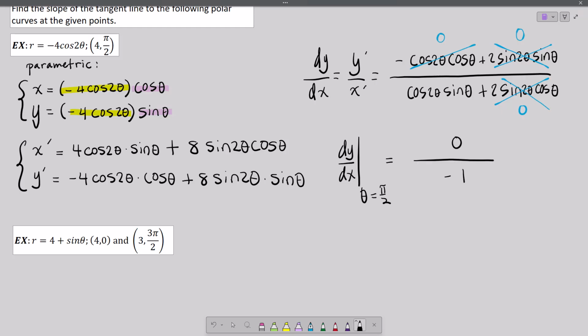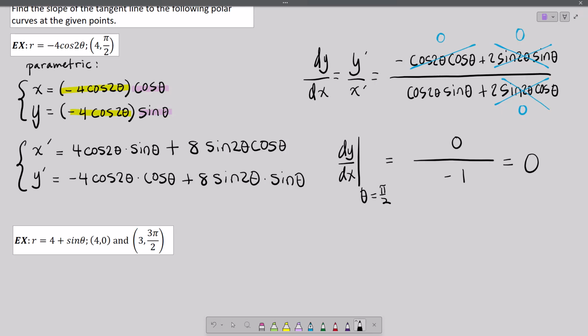So it's really important to know, because 0 over 0 is totally different than 0 over negative 1. 0 over negative 1 is 0. If this was also 0, it's indeterminate, and we would have to take a limit to figure out what the slope of the tangent is. So that limit, we don't have to think about. This is our slope of the tangent line.